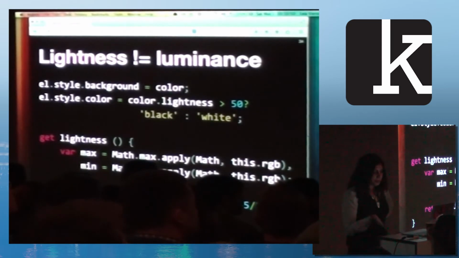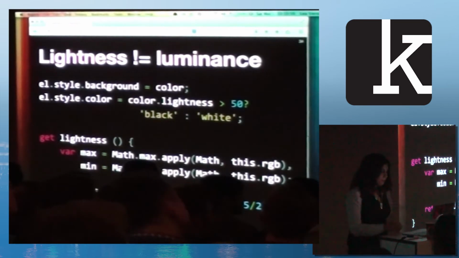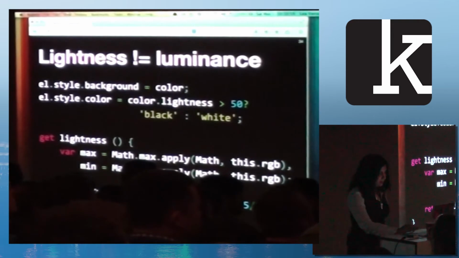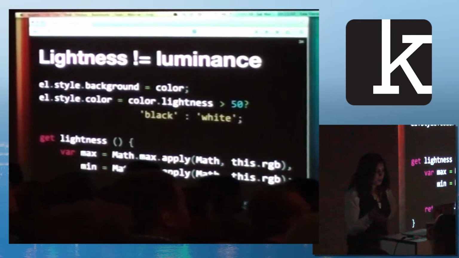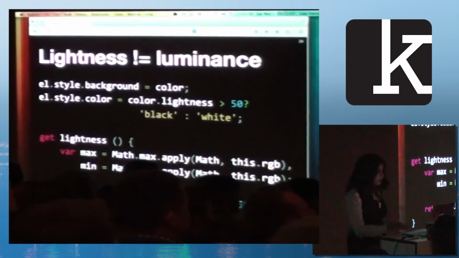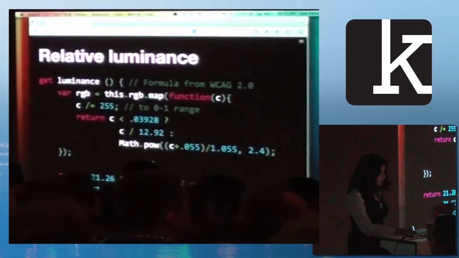So we perceive green as much lighter than red, and red is much lighter than blue. So no, not all RGB coordinates are born equal. Some of them are more equal than others. And if we want to get something that even remotely represents how light a color is, we need to take that into account. So this won't do very well.